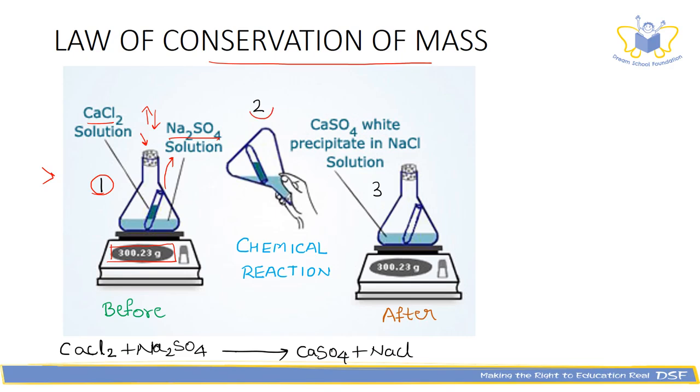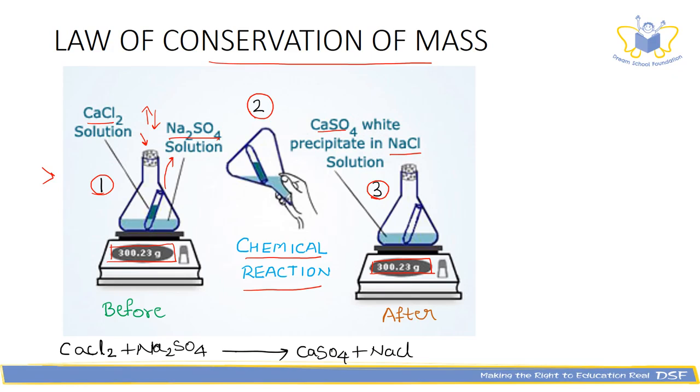And when you tilt the flask to start off the chemical reaction, you can see the products being formed. So calcium sulfate precipitate is formed in NaCl solution. When this whole thing is weighed again after the chemical reaction, you can see that it is 300.23 grams.